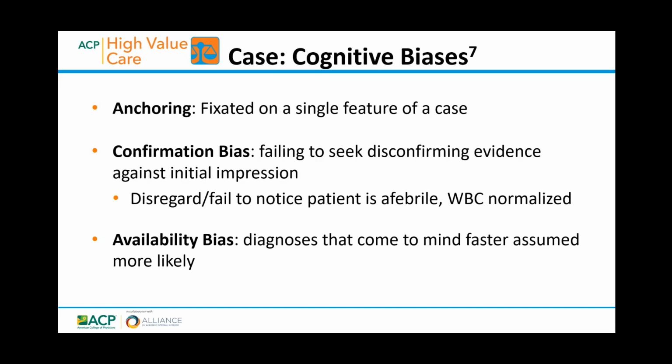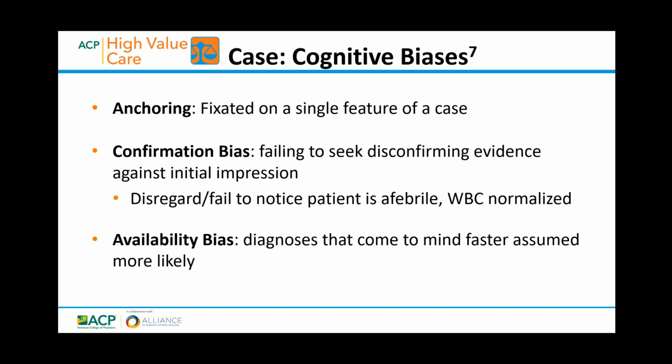So we kind of fell into this hole of fixating on a single feature of a case, like a repeat of the right leg redness, but not seeing that it wasn't like the last time. It wasn't associated with infectious symptoms. And so we need to just pause.